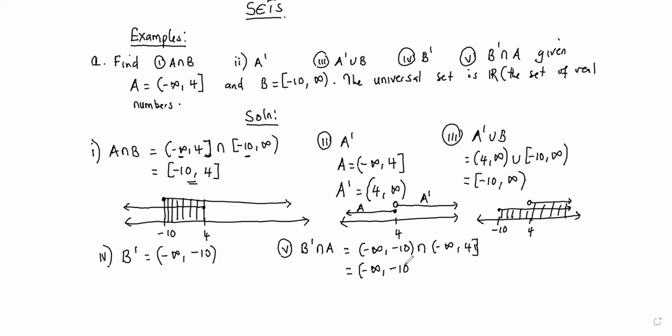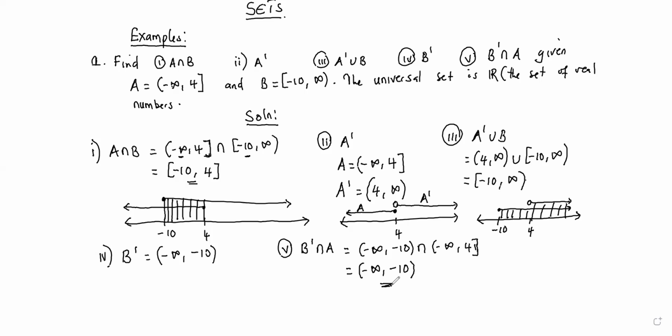Because if we go beyond negative 10, trying to cover the space up to 4, we will remain with only one set. The other set would have ended at negative 10. The idea is we are picking the intervals that are covered by 2 intervals. So there's an interval, another interval. Now I want to pick where they are sharing a space. Which space is common? That's the one that you're picking here.